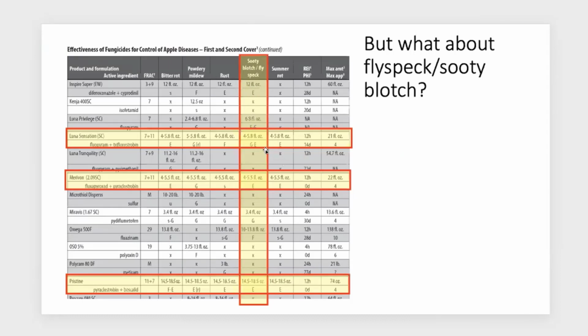Maybe that's something we'll be able to figure out in the future. Luna has been great, Maravon has been great, Pristine has been great. Some other fungicides that have been shown to give really good control, Syllit, and this is a new one, Miravis. We'll be having that in our trial as well. Completely different FRAC code right here is Omega, also has some ability to control sooty blotch and fly speck.